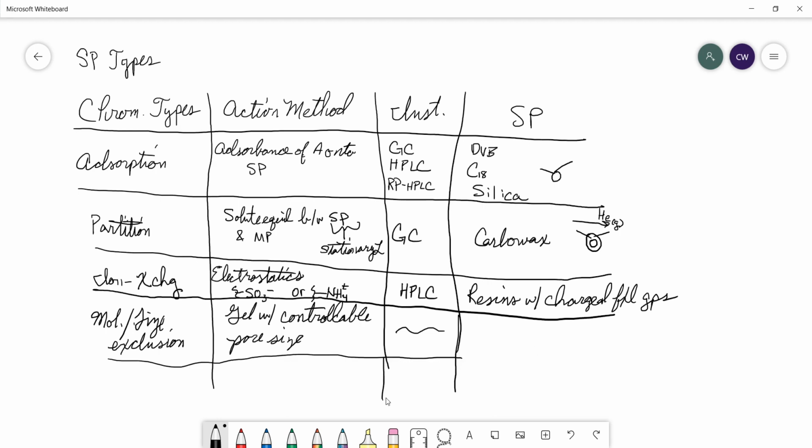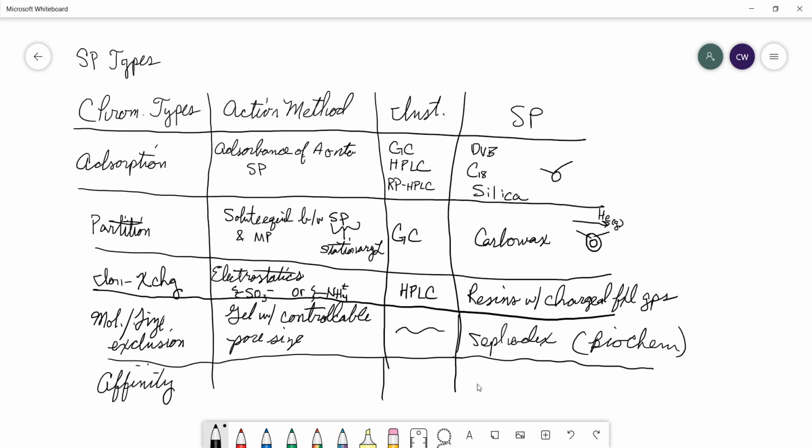This is typically done as a column inside of a hood or on the bench top, and it's pretty much all done with Sephadex gels. It's a biochemical technique. Likewise, affinity chromatography is another biochem technique.